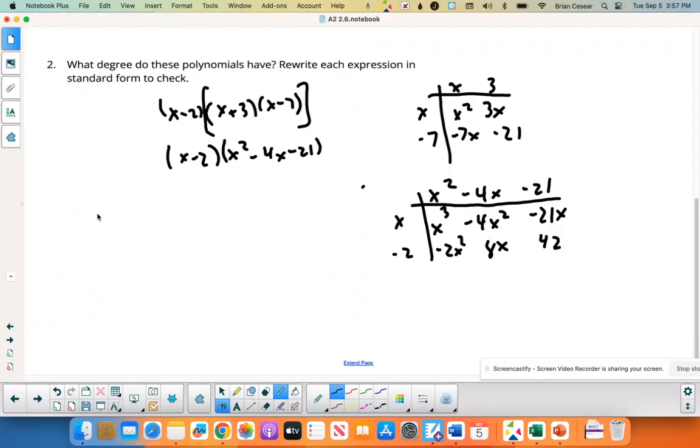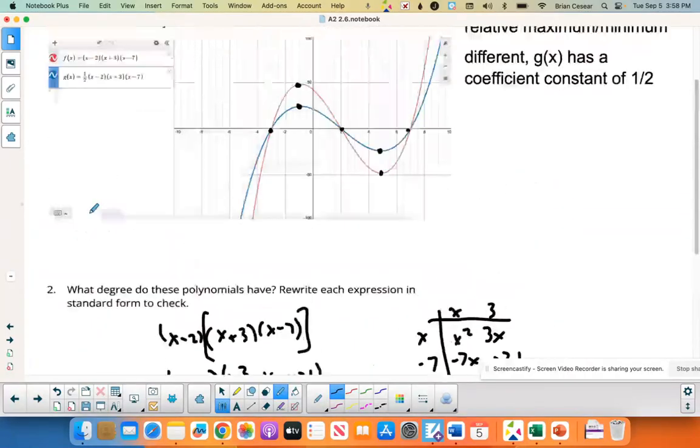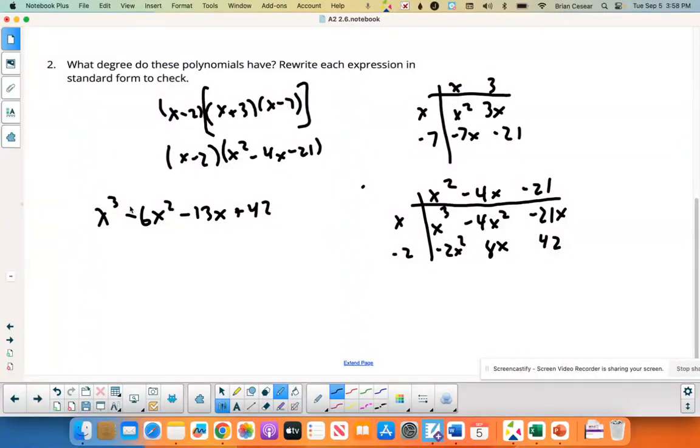Multiply it all out and then combine all your like terms. We get x cubed minus 6x squared minus 13x plus 42. I believe that was f of x. Yes. Okay.